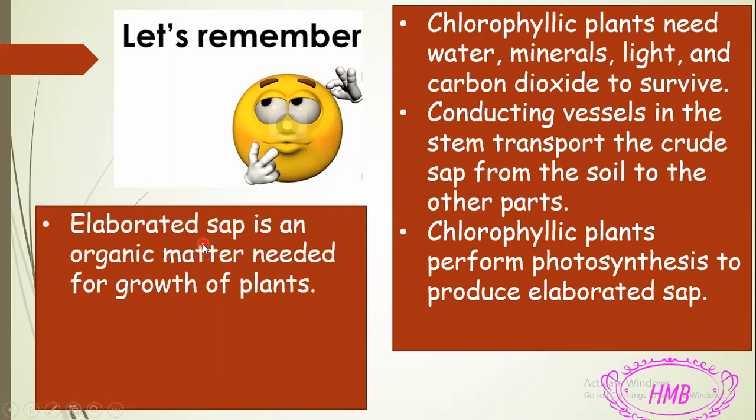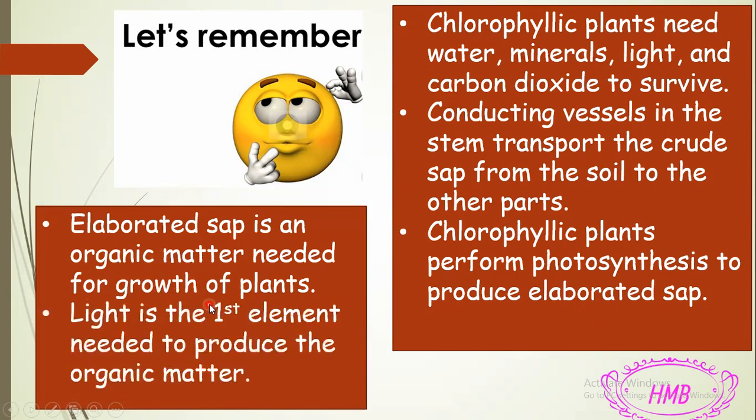Also, we took that this elaborated sap is an organic matter needed for the growth of plants, and we studied that the light is the first element necessary for performing the photosynthesis process.